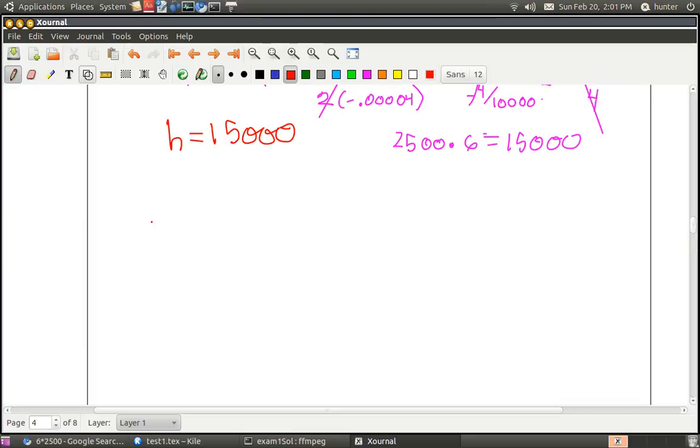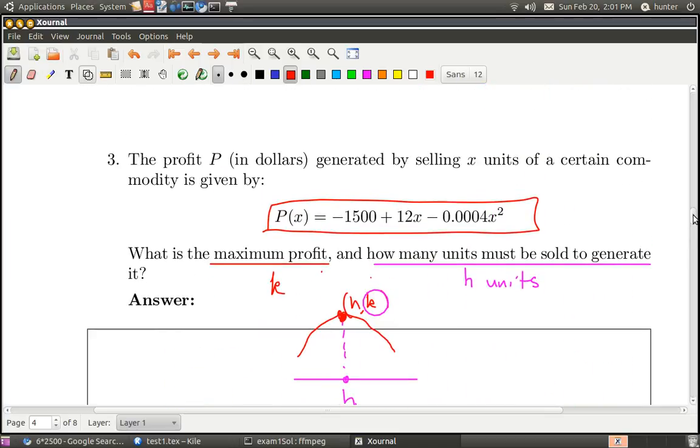Now all we have to do is figure out k, and k, of course, is just P of 15,000, and something tells me I'll be going back to the calculator.